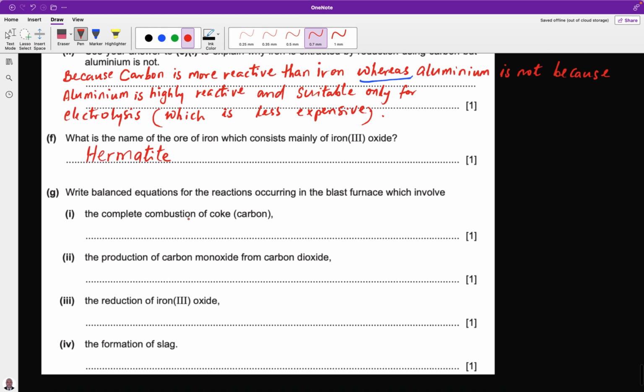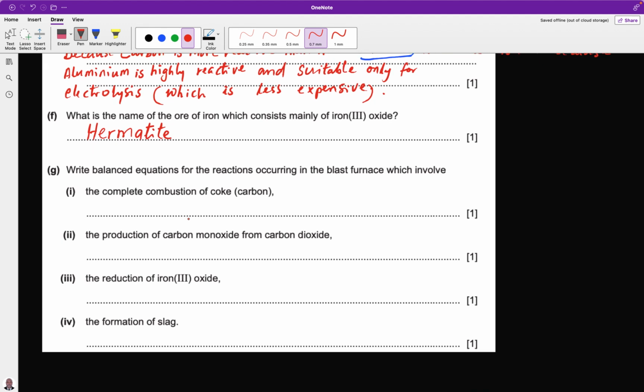Then G, write balanced equations for the reactions occurring in the blast furnace, which involve complete combustion of coke. We have just done that there. Complete combustion of coke: coke is carbon. It will be carbon, solid, plus oxygen, which is a gas, giving us carbon dioxide, which is a gas.